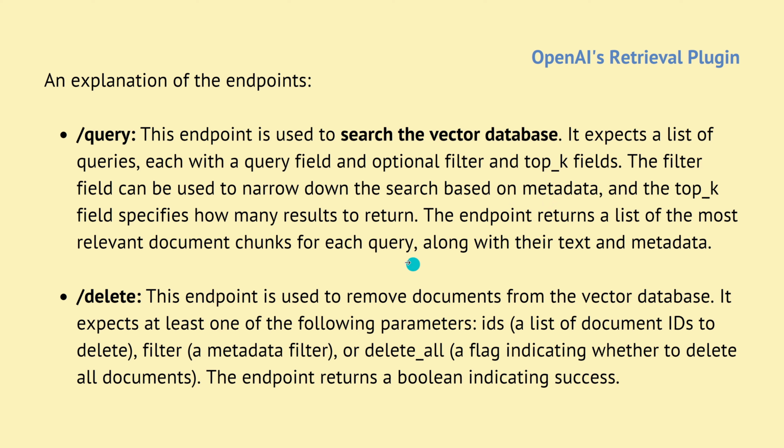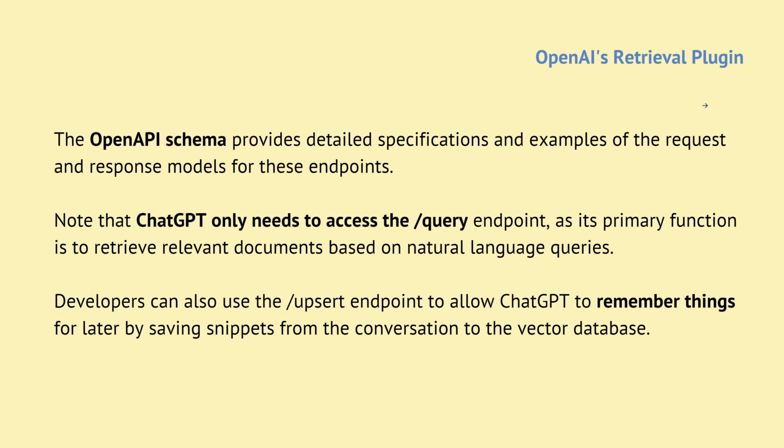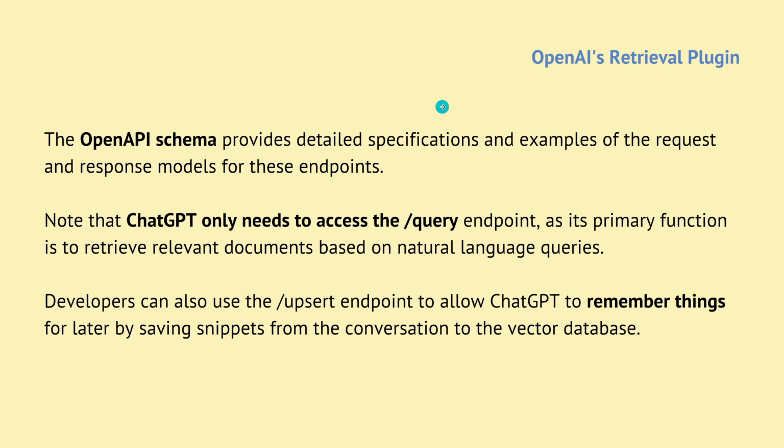And then, of course, if you want here to remove documents from the vector database, we also have our fourth API endpoint, and this is the delete endpoint. So you see, our OpenAI Retrieval plugin has 4 API endpoints. Now, we have a specific OpenAPI schema, of course, that gives us detailed specification and examples.